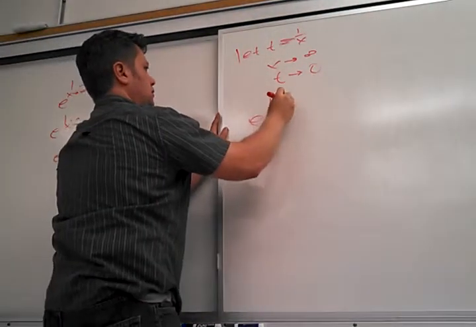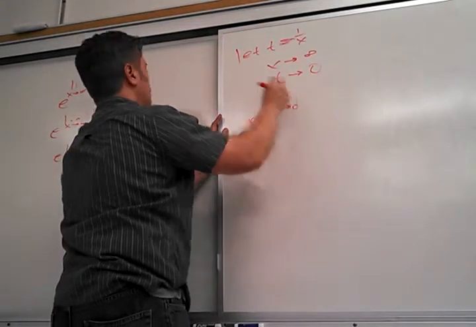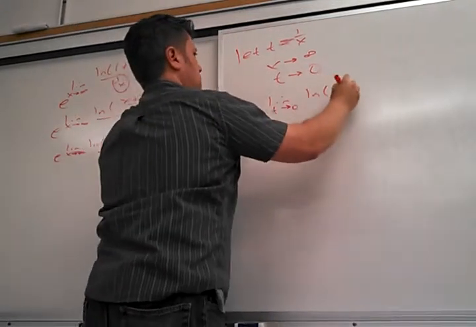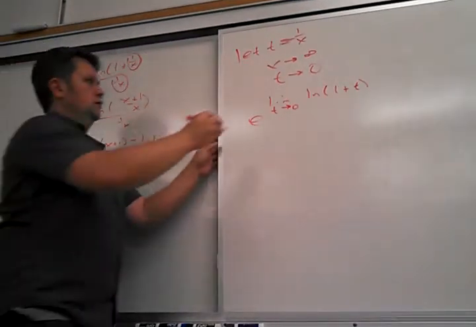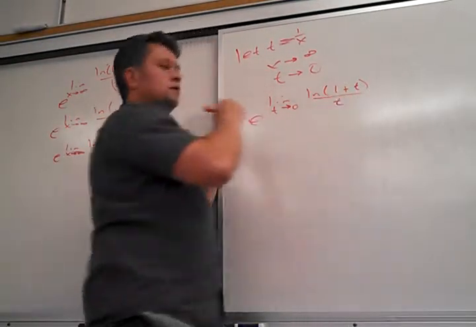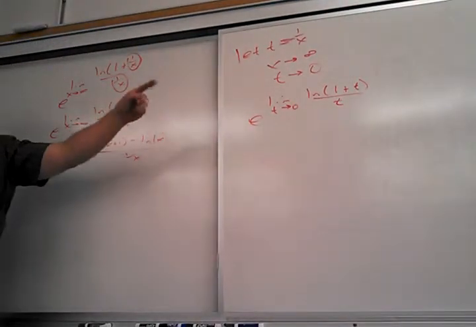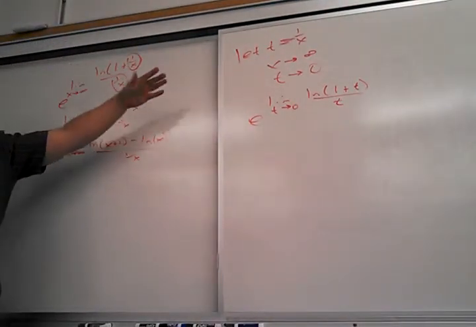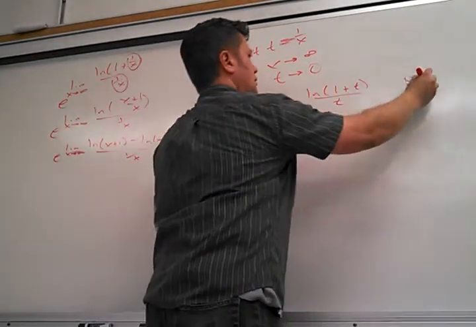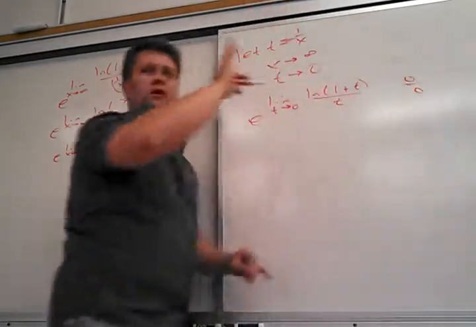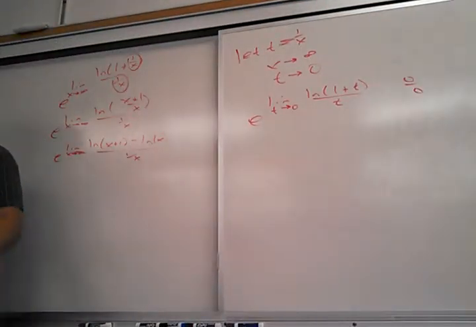So how does this look now? This would be e to the limit as t goes to 0 of natural log of 1 plus t over t, because 1 over x is t. It's still indeterminate. If I plug in 0, I get natural log of 1, which is 0, over t going to 0, which is 0. So now I can still apply L'Hopital's.